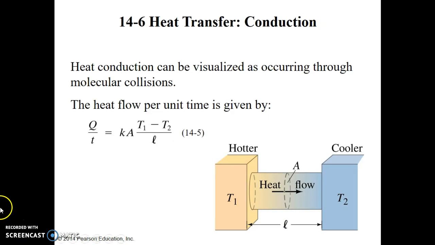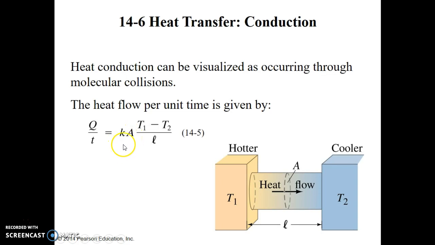How much heat flows per unit time? The rate of heat flow is going to depend on the difference in temperature between the two objects, how far the heat has to travel, and the conduit through which it is traveling.